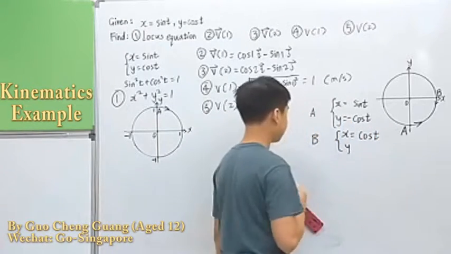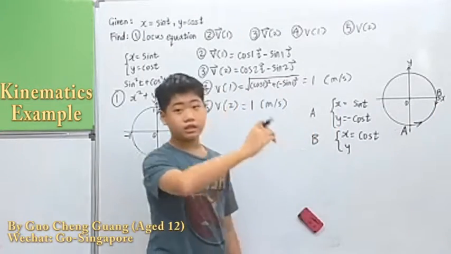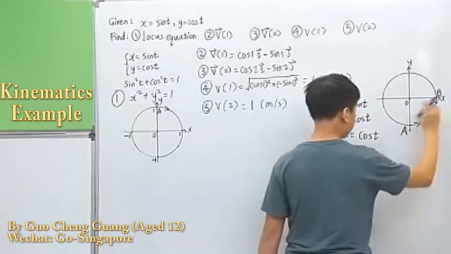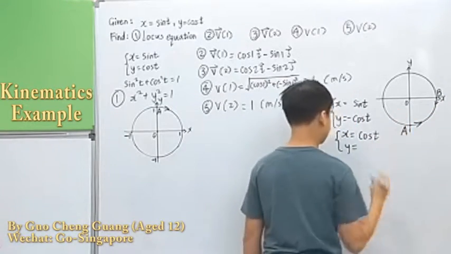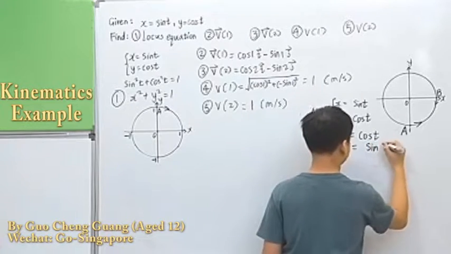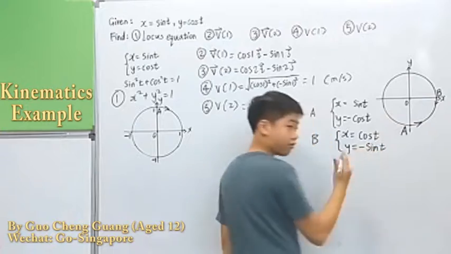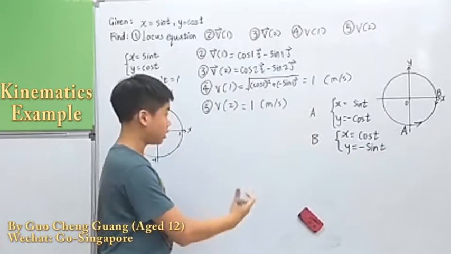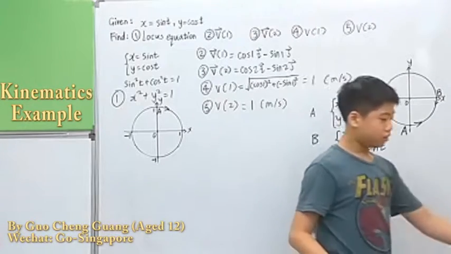Well, it has to be. So this cosine just slowly goes down or decreases, so it goes back. Then for y at this part, 0, sine t. Oh wait, it goes down. So that means it has to be negative at this part. So these are just a little bit of example of that.